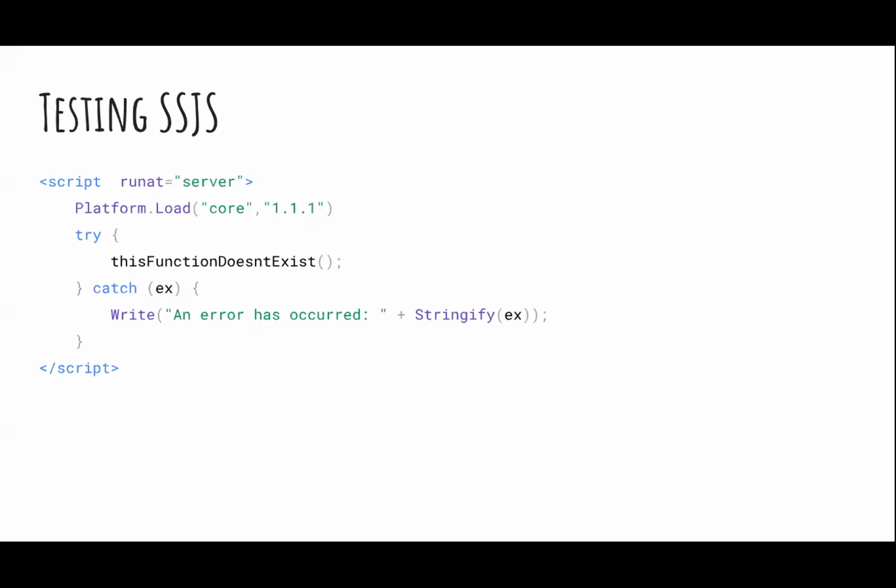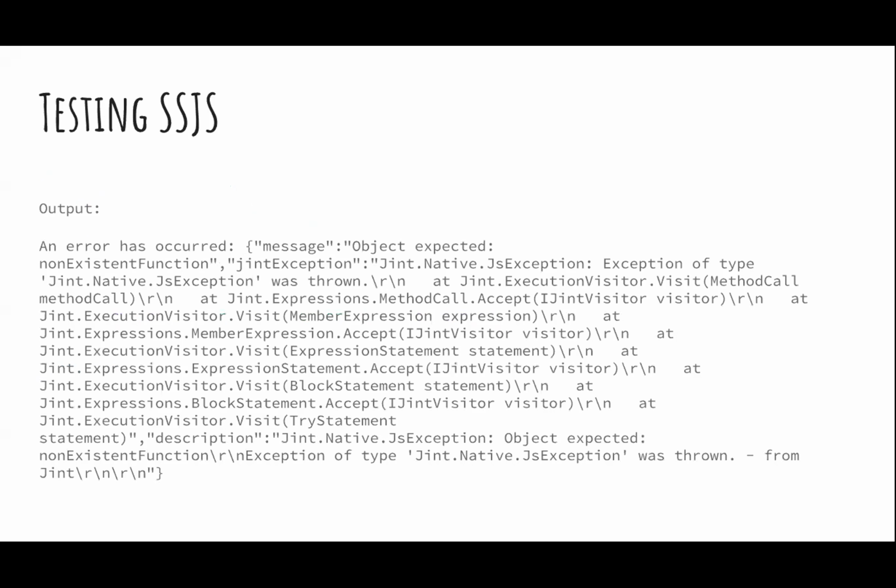I've got the EX as a variable there that can be used to actually do something with that error. In this case, I'm writing it to the screen just to show what happens. That's fairly common. So that's the output that you would receive from that exception.